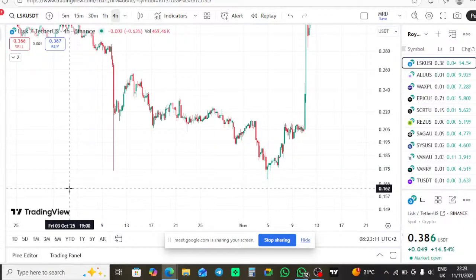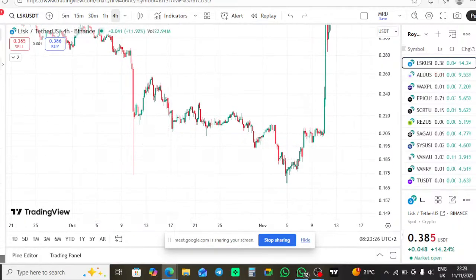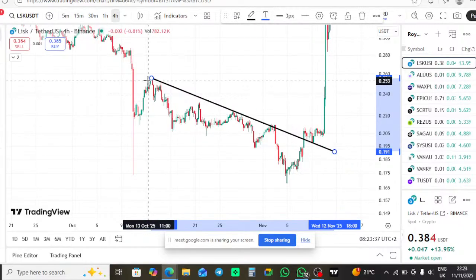Whether you are on 4 hours, 1 day, or 1 hour, first identify the trend. Where do you expect the market to go? The trend. Now, when you look at this point, this is the trend we are talking about. The market was in a downtrend recently.